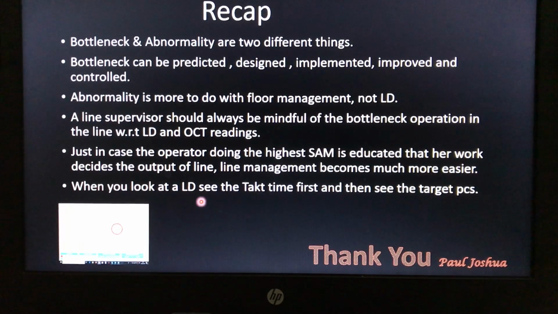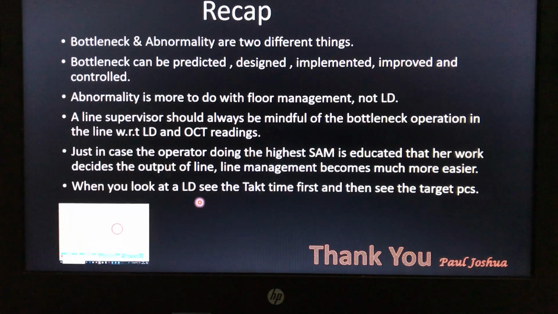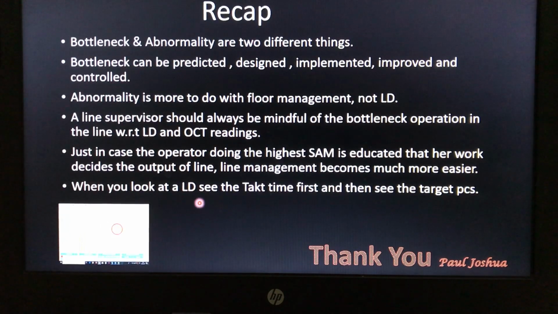The last point and the most important point for industrial engineers and supervisors or any manager: the moment you see the line design, you have the habit of looking at what is the target, and seeing the target, the first thought which comes to your mind is it is not possible, because there's a huge gap between what you have been doing and what is designed in line design.